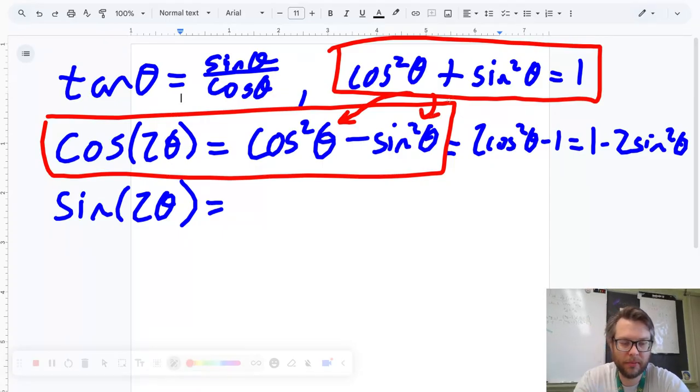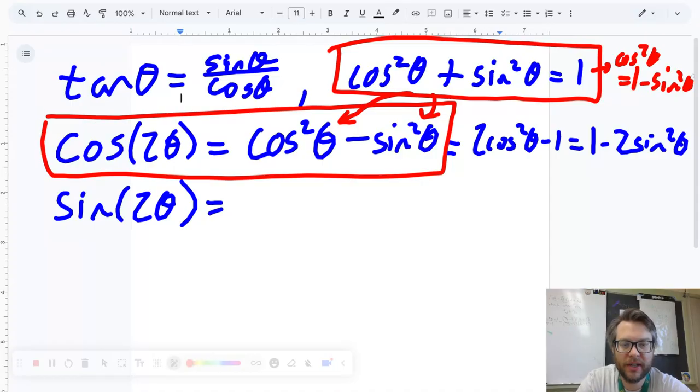So let me be a little more specific. If I take my Pythagorean identity, I can say that cosine squared is 1 minus sine squared, just by subtracting sine squared from both sides. And so if I say cosine squared is 1 minus sine squared and substitute that in, I get this third version of it.